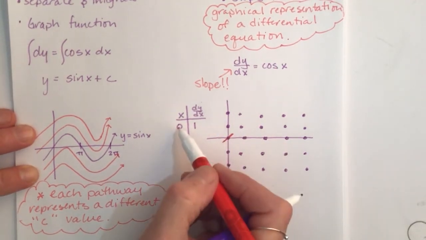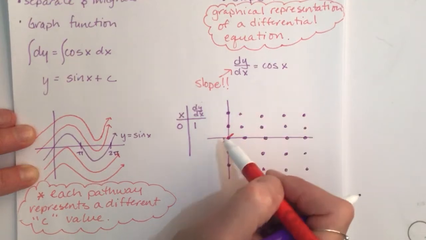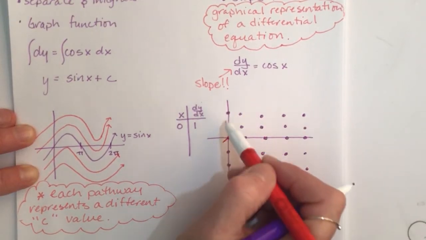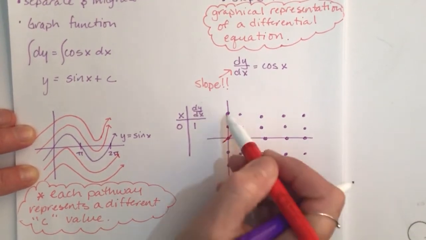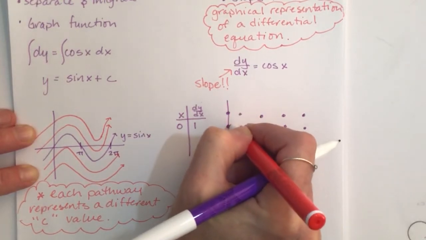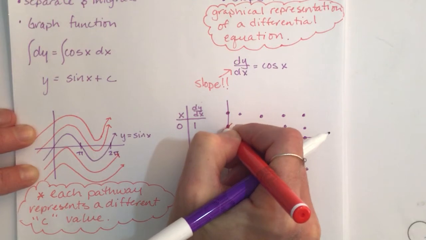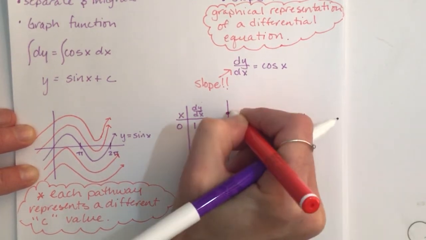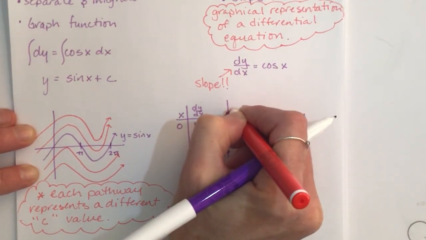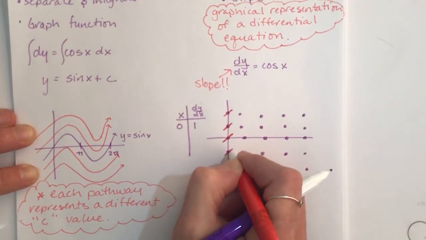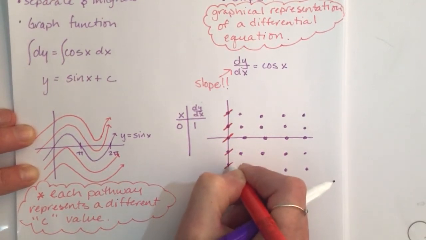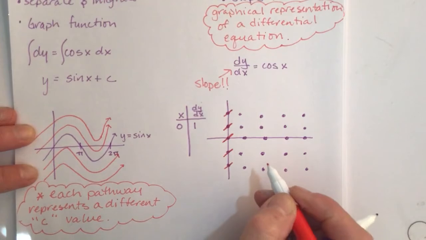And because this doesn't depend on the y value at all, every time x is 0, doesn't matter what the y value is, your slope is still going to be 1. So you're going to graph this little tiny slope of 1, just like a little tangent slope.